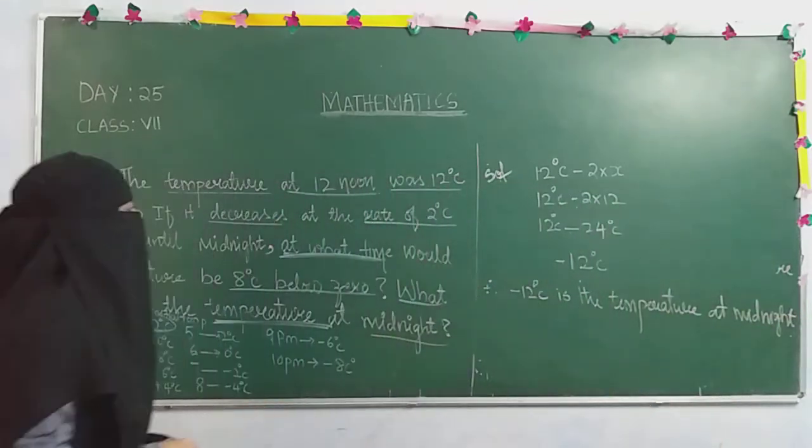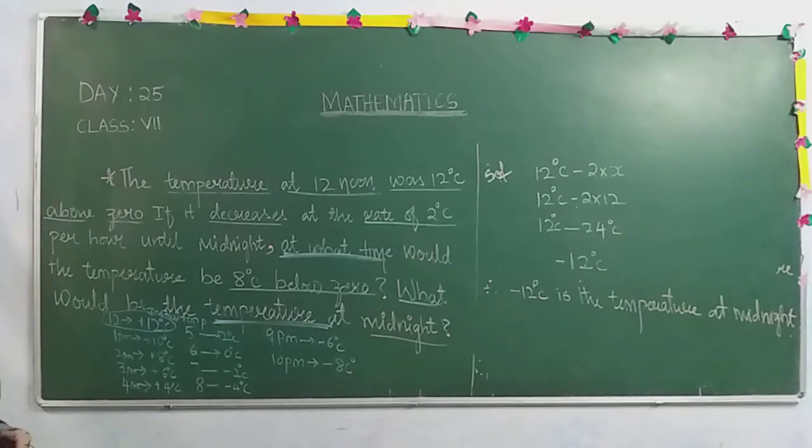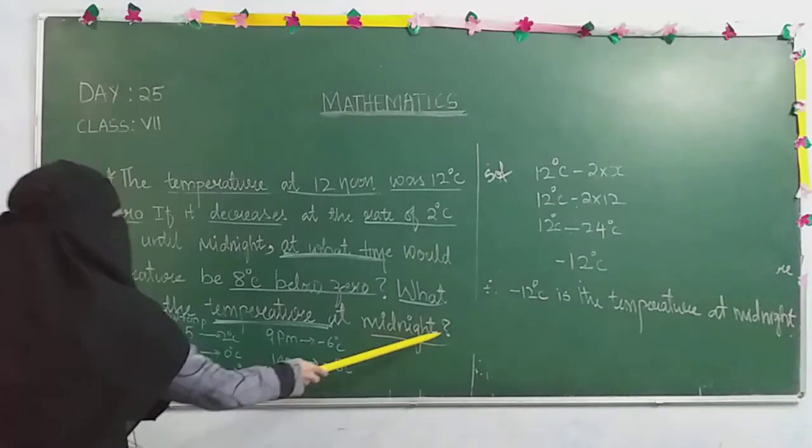Okay, this one is so simple because from the initial temperature, whatever it is given, we need to just subtract the time multiplied by 2, because the rate of temperature decrease is minus 2 degrees centigrade. So minus 2 into x we have to multiply. In place of x we have taken the time, and in the next bit the time was given in the form of midnight.